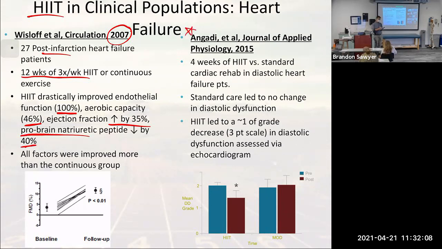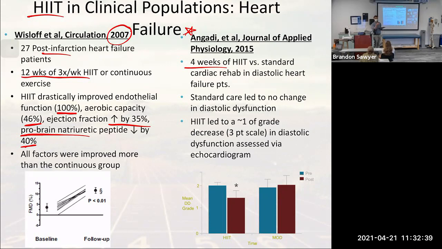When I was at ASU, this guy here, Sid Angadi, was the guy I got to write that paper with. You guys looked at it last time. His dissertation was on heart failure patients, and they just did 4 weeks of HIT versus standard cardiac rehab, and were able to see on a 3-point grading scale of heart failure, on average, the HIT group went down a full point on that grading scale in just 4 weeks, and they only did 3 days a week, so there were only 12 exercise sessions.